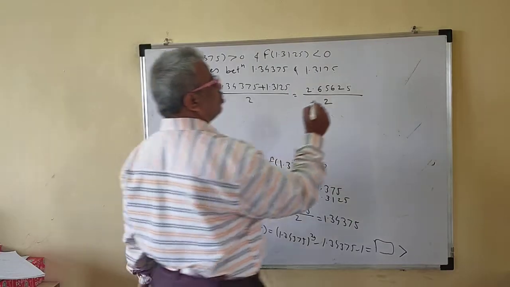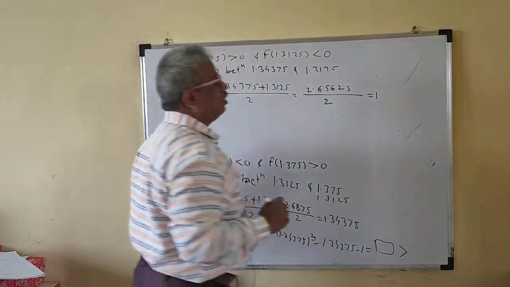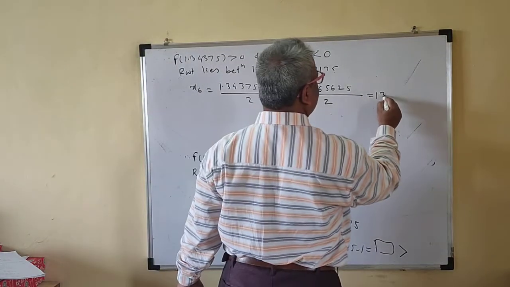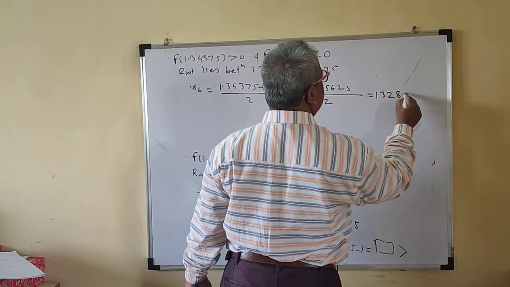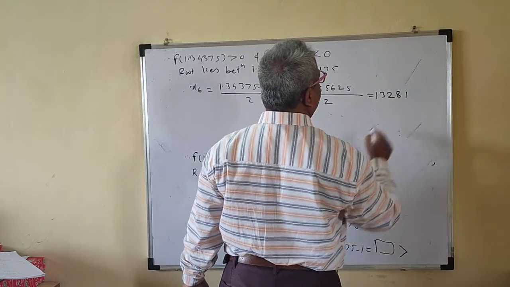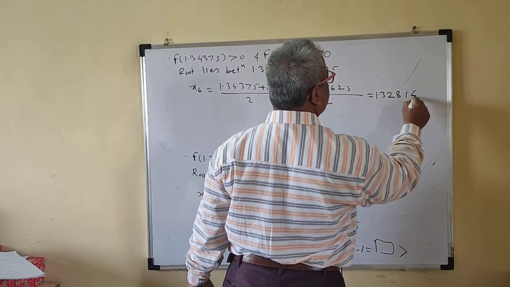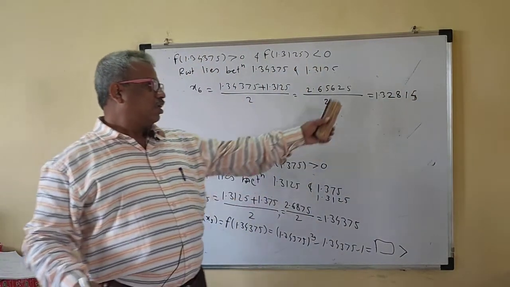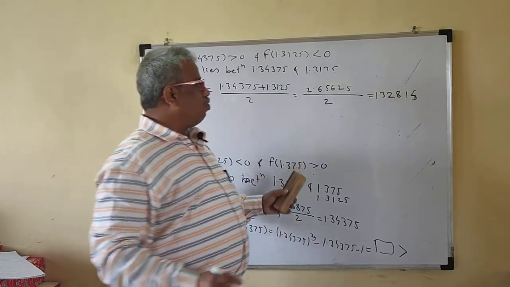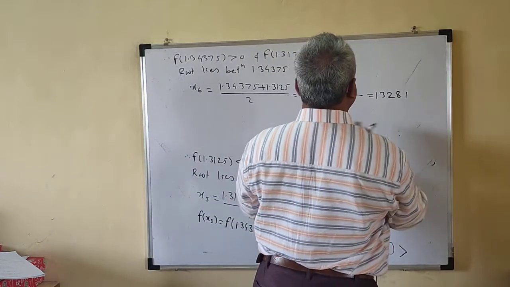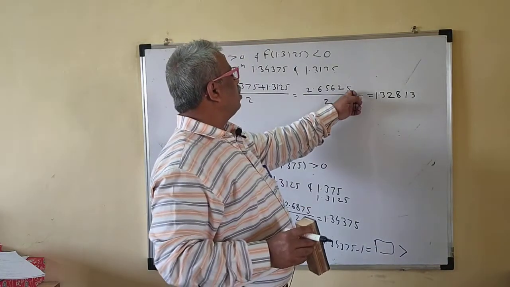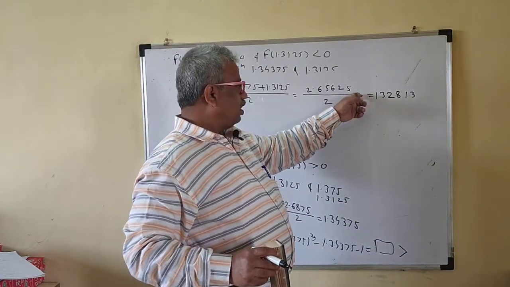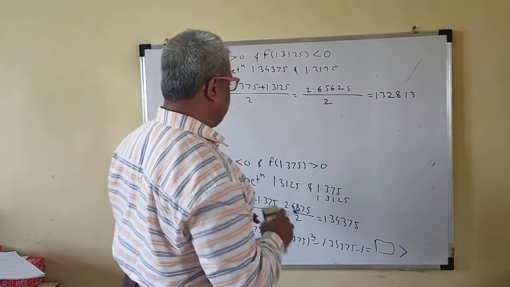So this will be 1.328125, so the last digit will be 3 after rounding, because the 2 and then 1 remains, that means this is 5, so this will be 3 then.